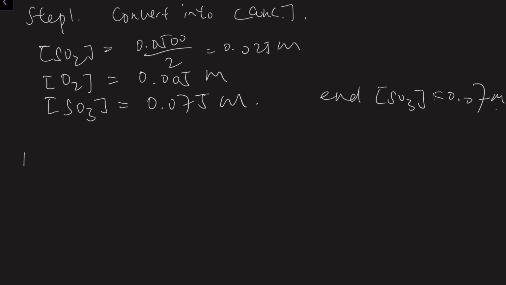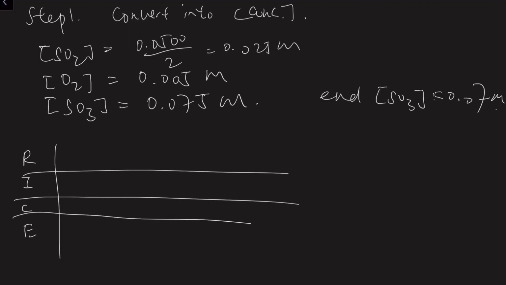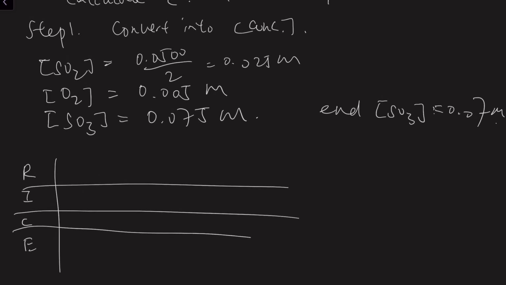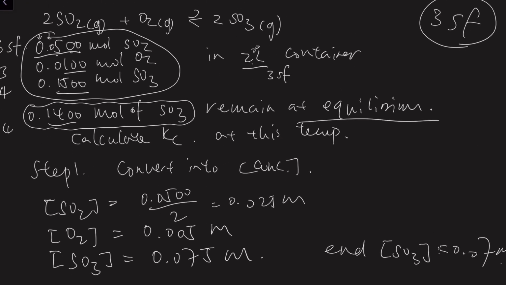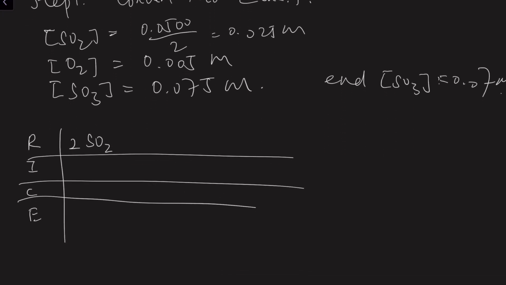So now let's construct the rice box. R stands for reactants. So you have two, and you need to read off from the chemical reaction they have given you. You have 2 SO2.